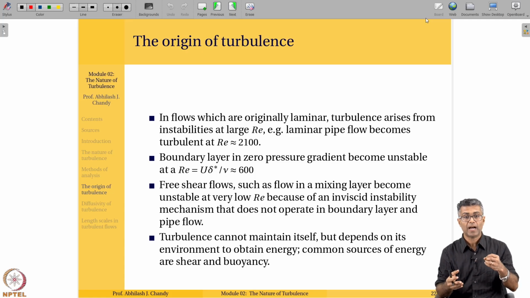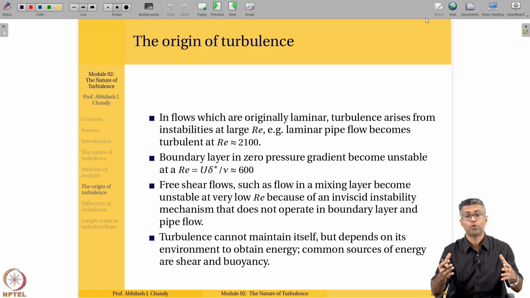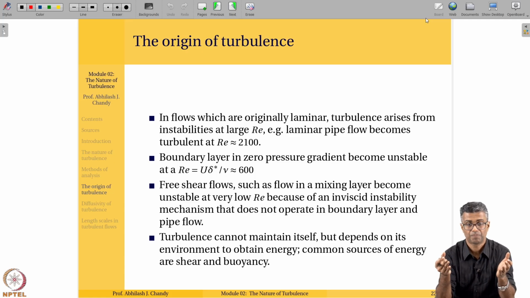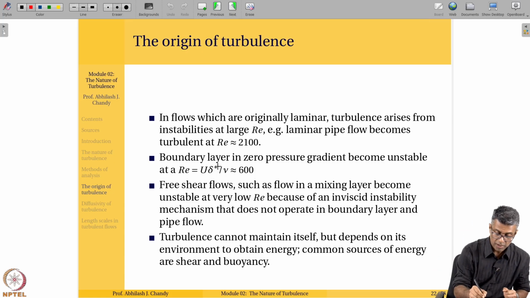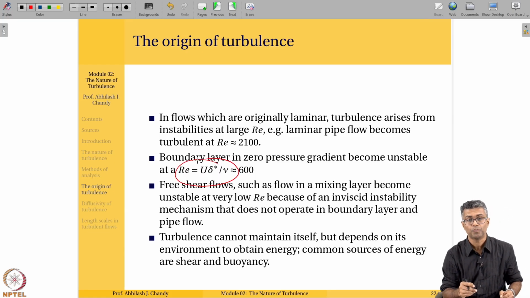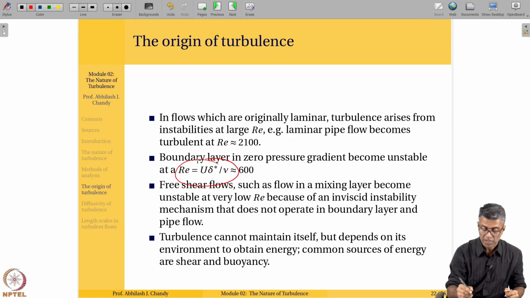And if you have a boundary layer or flow over a flat plate, the boundary layer at say zero pressure gradient, that becomes unstable at a Reynolds number of approximately 600. So that is what is listed here, where you have the Reynolds number of U delta star over nu approximately equal to 600, delta star being the displacement thickness.